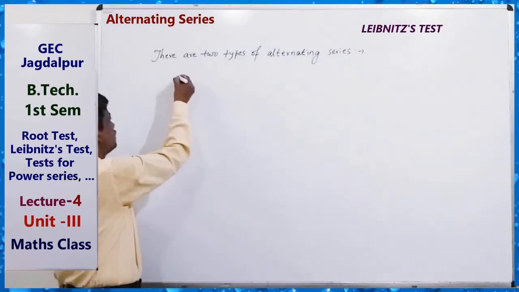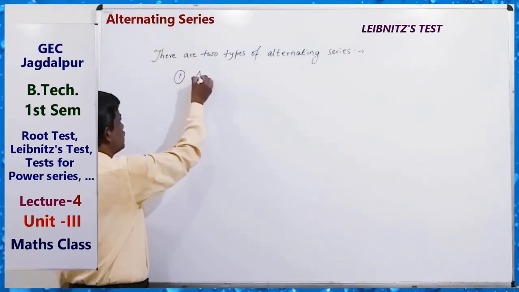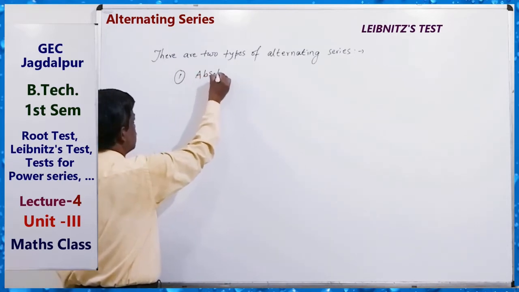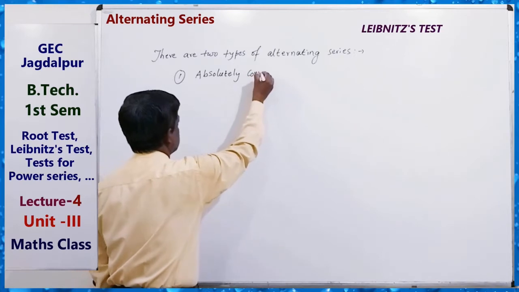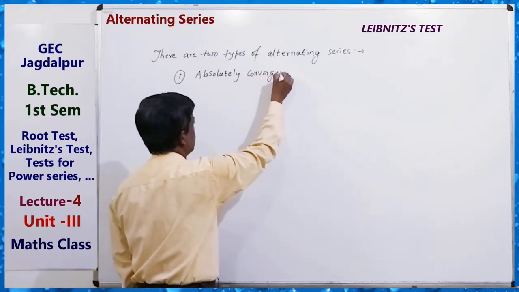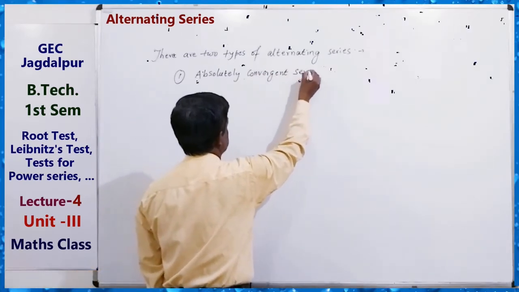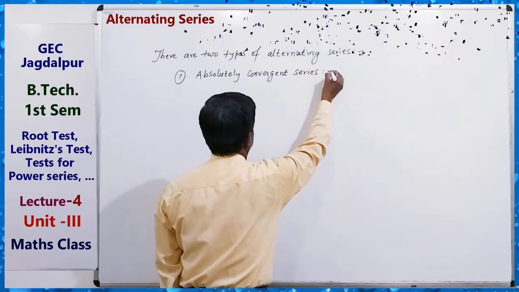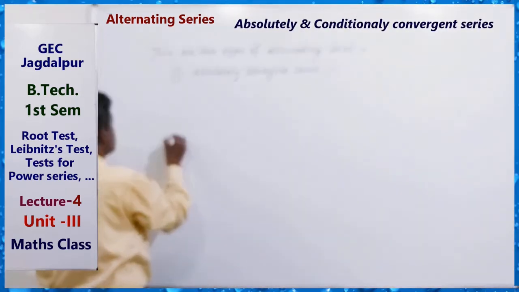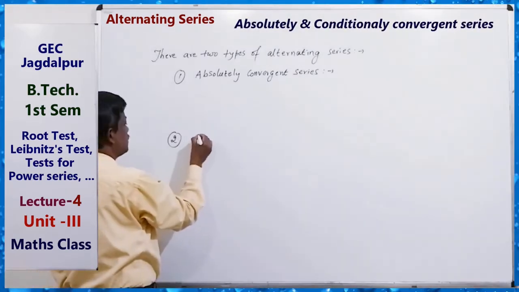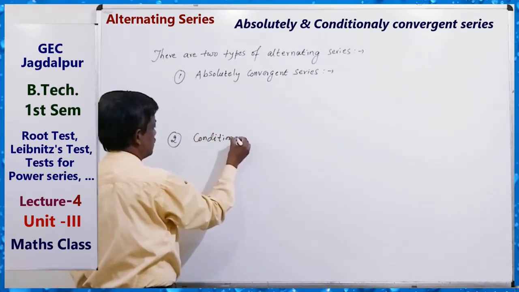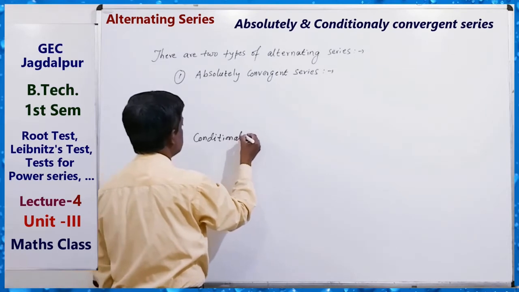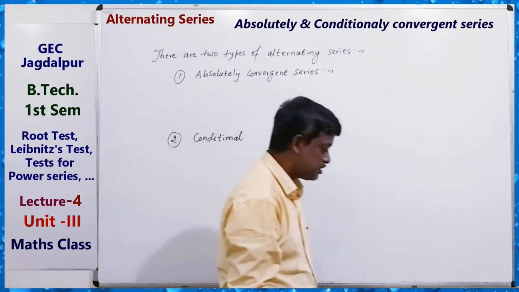First is absolutely convergent series. Second is conditionally convergent series.